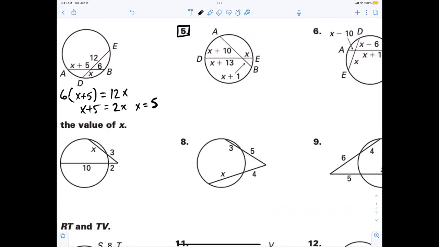Go. X plus 10 times X plus 1. Thank you. Equals X plus 13 times X plus 13 times X. I just don't think that's that hard, right? Now, of course, we have to do a little bit of algebra here.